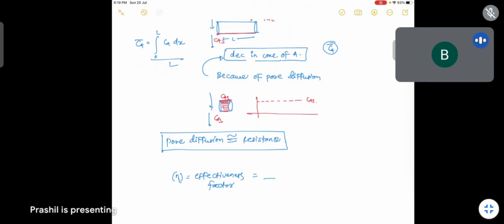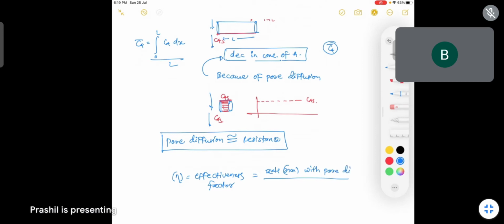So efficiency is rate of reaction with pore diffusion, since efficiency should be less than 1, divided by rate of reaction without pore diffusion, right? So that is the formula for effectiveness factor.